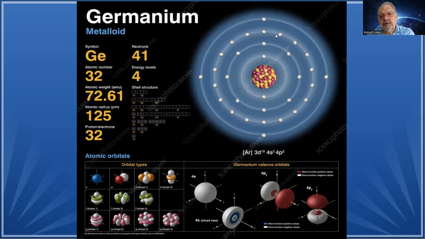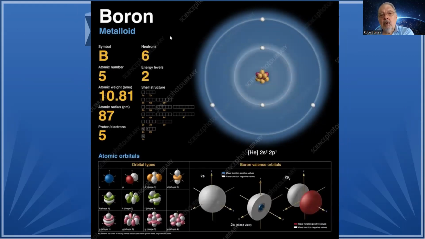Germanium is slightly larger, but it also has 4, so you get the same kind of crystalline growth with it. Boron is one of the impurities that we use to make a, let's see, boron. It's got 3, so we're going to have a positively charged material because it's going to have an extra hole.